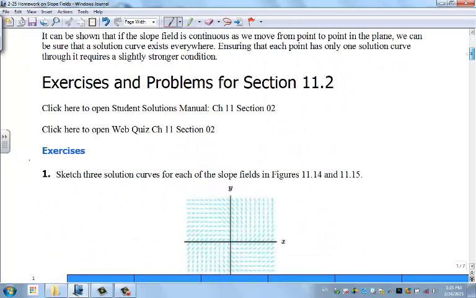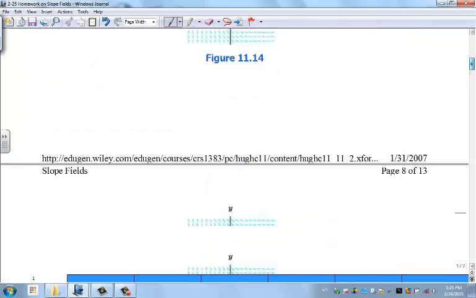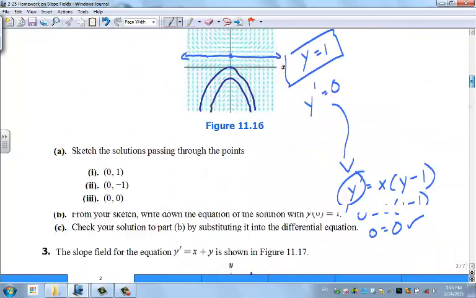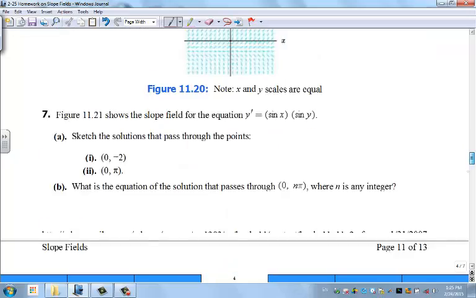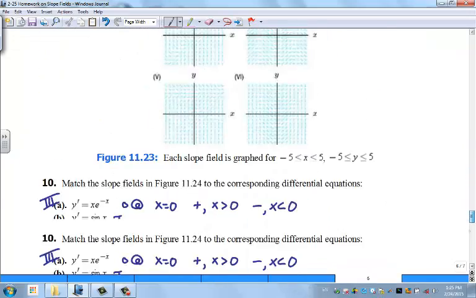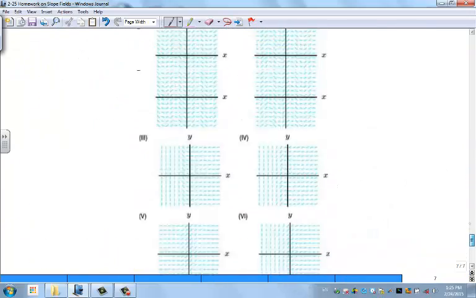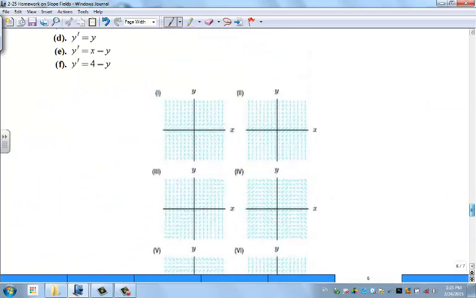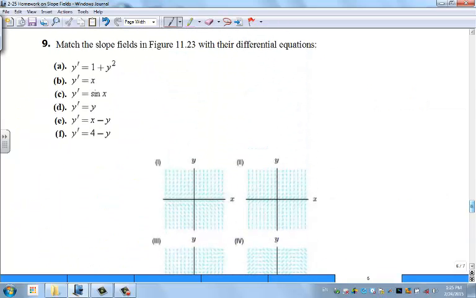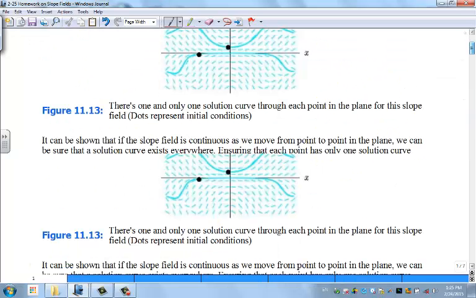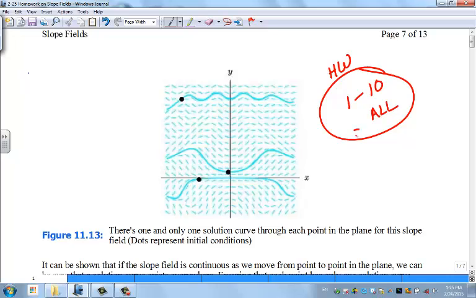It says exercises and problems for section 11.2, and I have a lot of the answers here already on mine, but basically it's 1 through 10. I'm pretty sure that number 9 is the problem we just did. It is. So you can skip 9. 1 through 10 all, skip number 9. That is your homework for next class. It should be fairly quick.